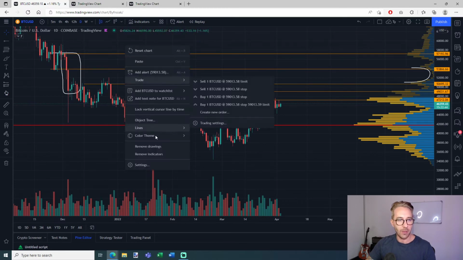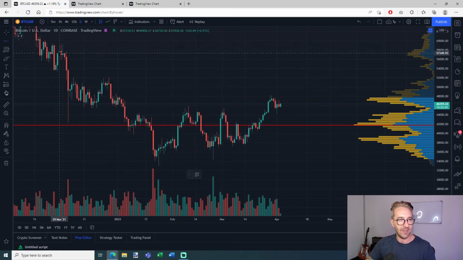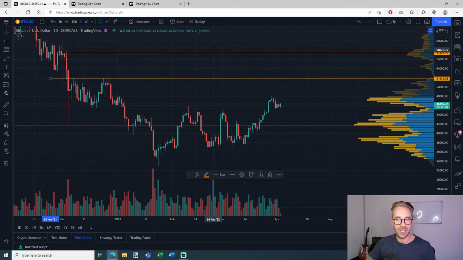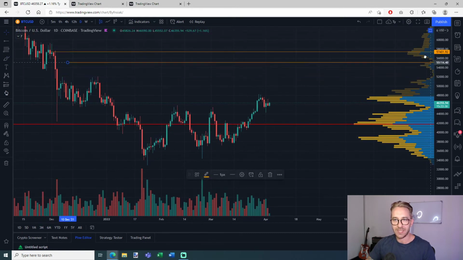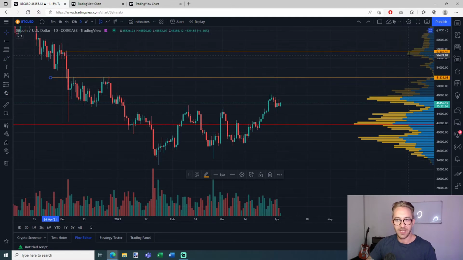And you can see that from this level to this level, there's a pretty decent volume gap, with the exception of this little volume node which sticks its finger out there at around 54k. So we know that this volume node around this 50k level is going to be significant, because once we break that, I think it will give the market confidence to head back up towards that 58k level.